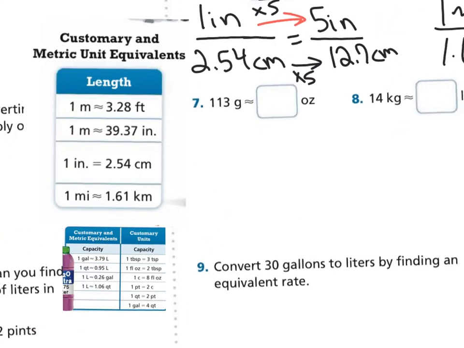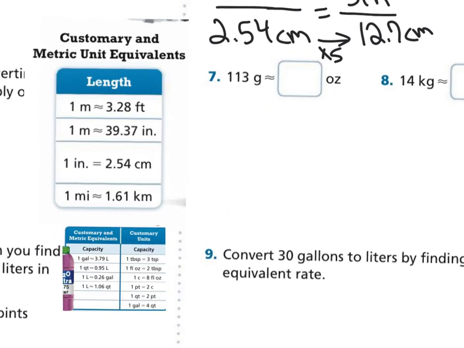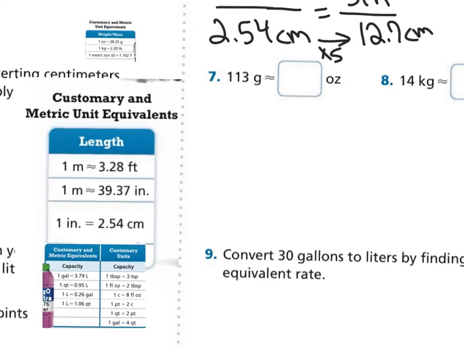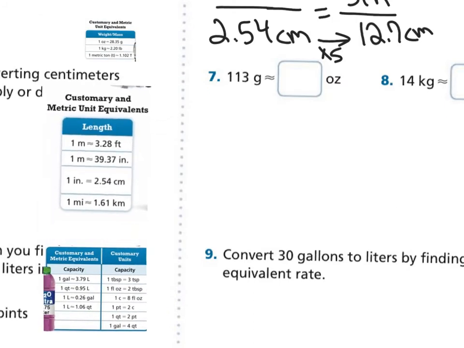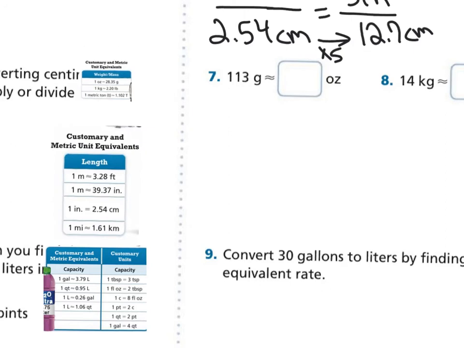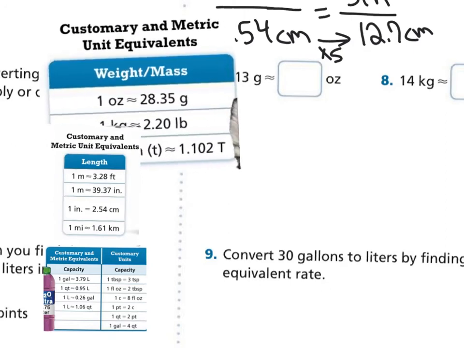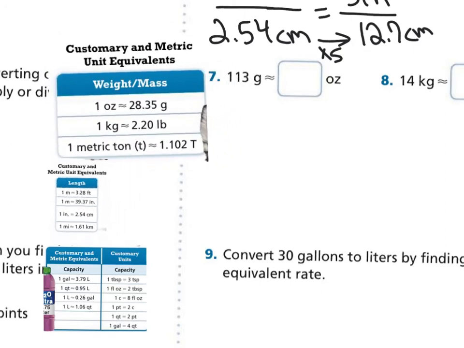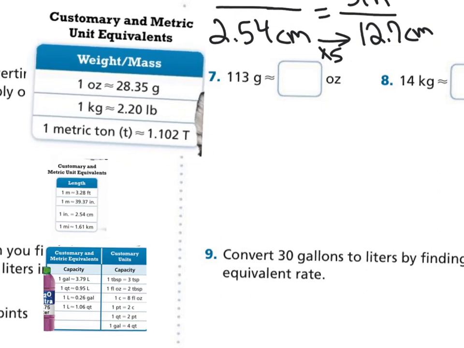Number 7, we're going from grams to ounces. So grams to ounces, that is dealing with weight or mass.